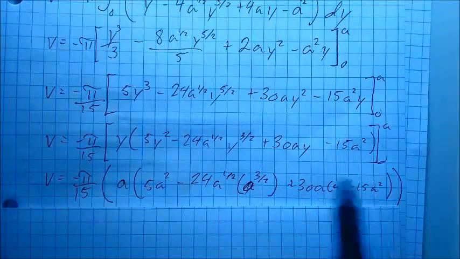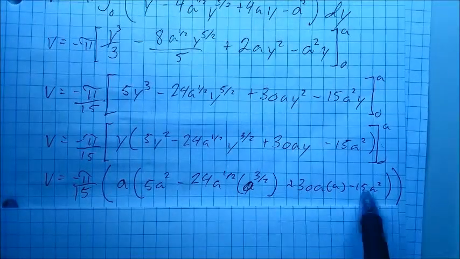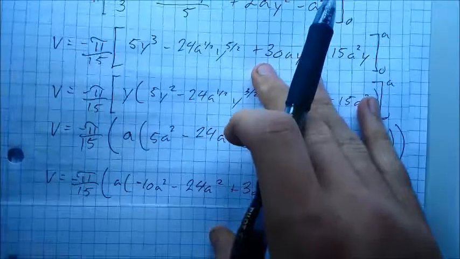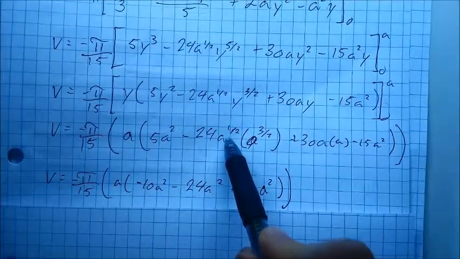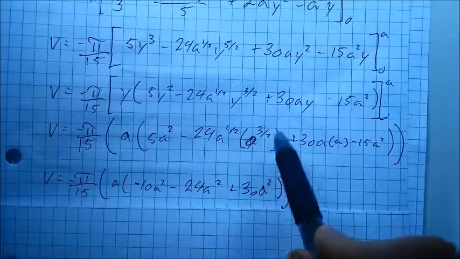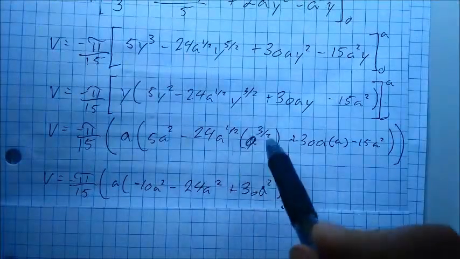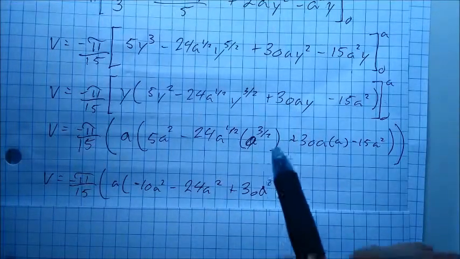The first thing I'm going to do is combine like terms with 5a squared and negative 15a squared to get negative 10a squared. And then if I multiply these out, a to the 1/2 and a to the 3/2 make a squared because 1/2 plus 3/2 is 4/2 is 2, and you add exponents when you multiply.